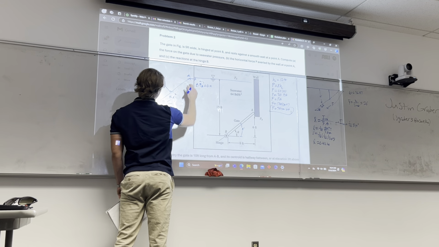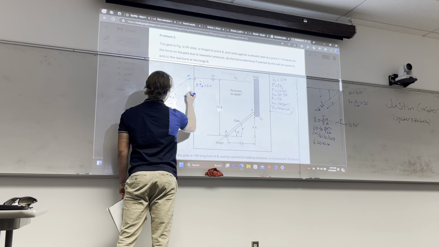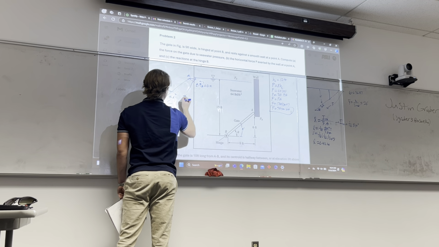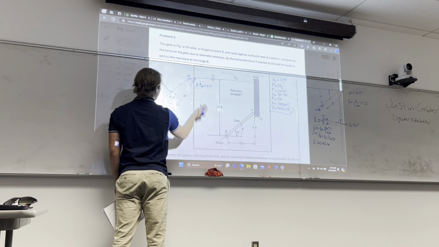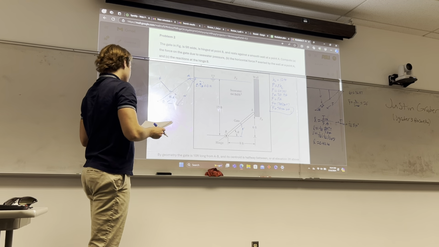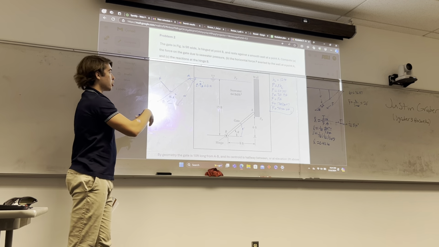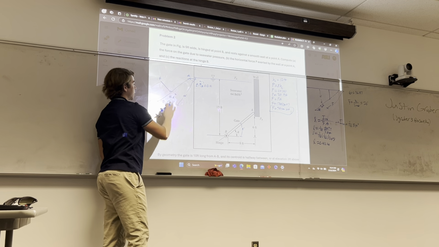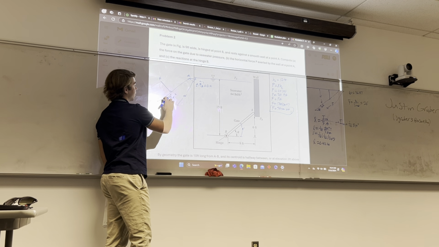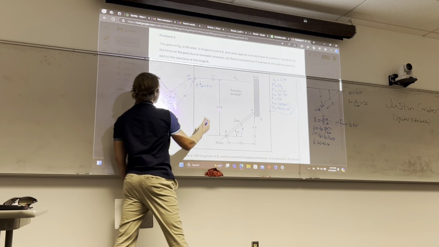And then this distance for P is obviously just 10 feet. Okay. So for this one, we don't need to do any cosine sine manipulation with F, since it's already perfectly perpendicular to that, and we're doing everything in terms of this theta.